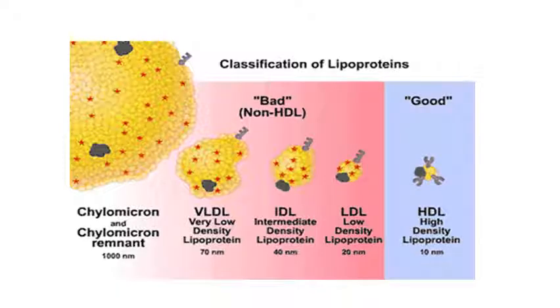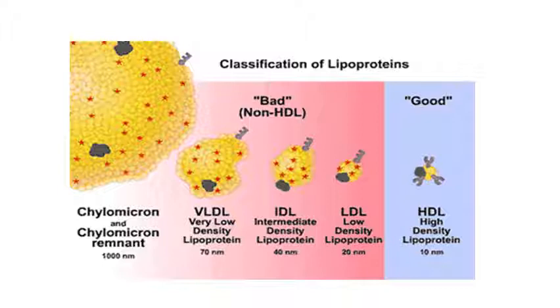And the lipoproteins are classified into 6 major classes, depending upon the particle size and their density. They also differ in the nature of apoproteins they have, the ratio of the triglycerides and cholesterol esters, the tissue of origin and their fate of metabolism. As you can see here, this is chylomicron and chylomicron remnants, very low density lipoproteins or VLDL, intermediate density lipoproteins IDL, low density lipoproteins LDL, and HDL or high density lipoproteins.